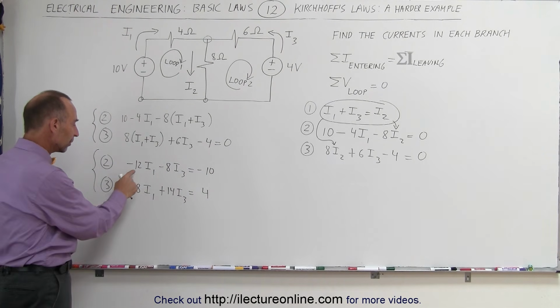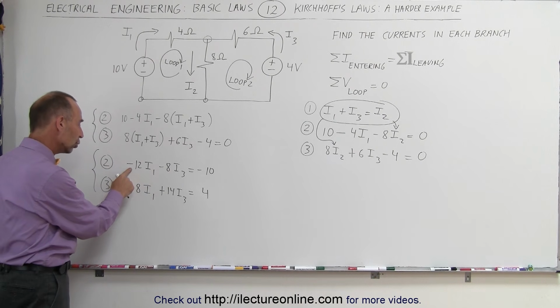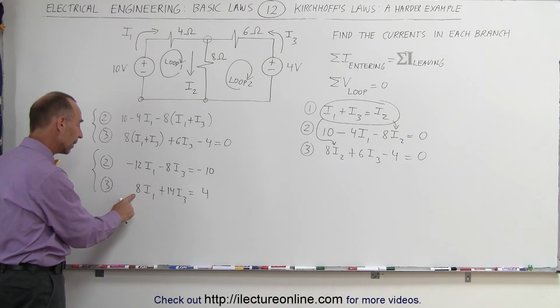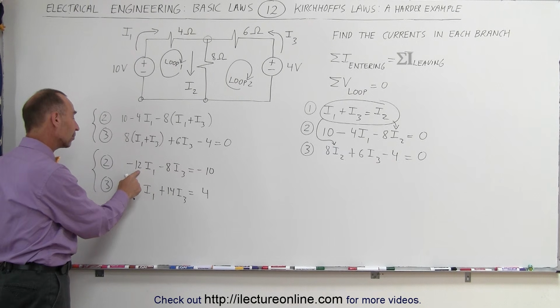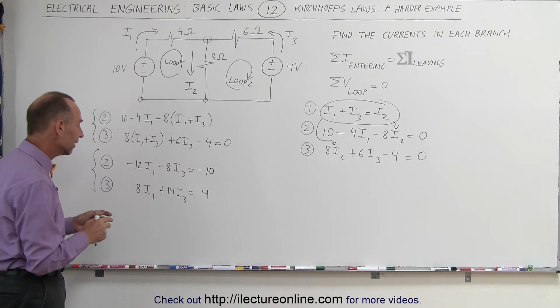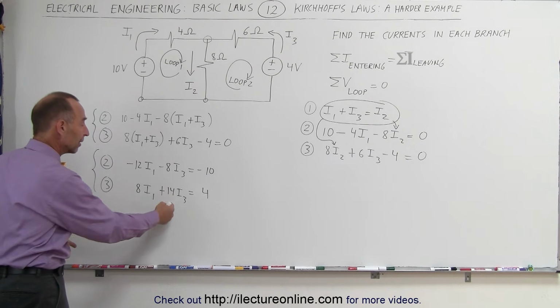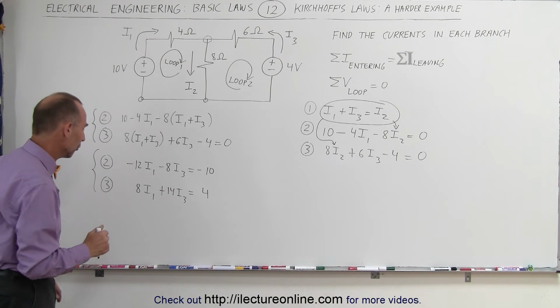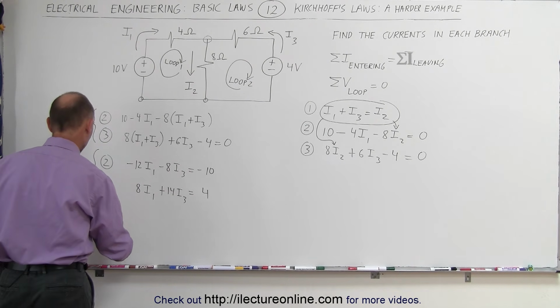Now notice that if I multiply the second equation by 2, and I multiply the third equation by 3, the minus 12 becomes a minus 24, the 8 becomes a plus 24. When I then add the two equations together, the I1s drop out, and I am only left with a single unknown which I can solve for. So the two equations now become as follows.